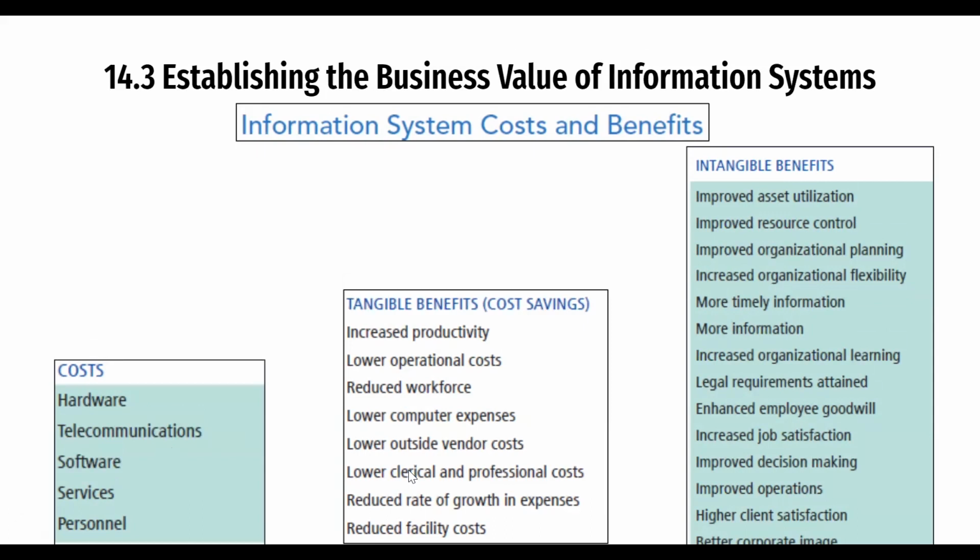Tangible benefits can be quantified and assigned a monetary value. However, the intangible benefits, such as more efficient customer service or enhanced decision making, cannot be immediately quantified, but they may lead to quantifiable gains in the long run.